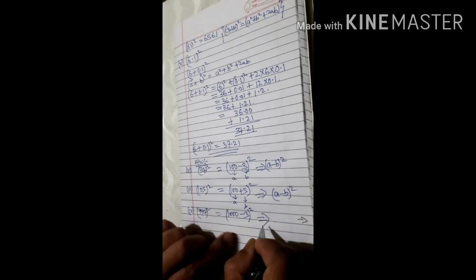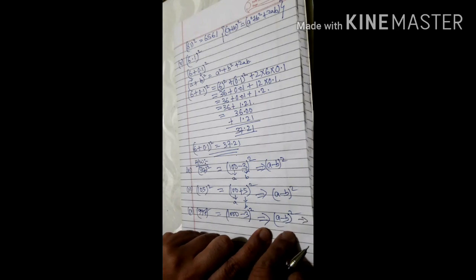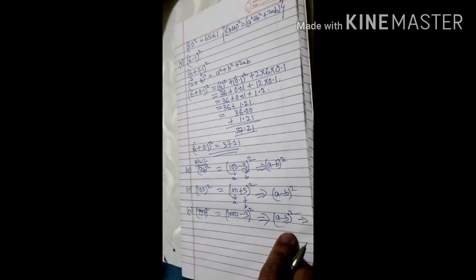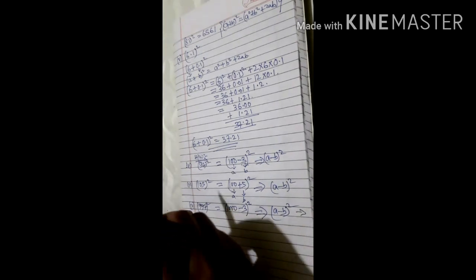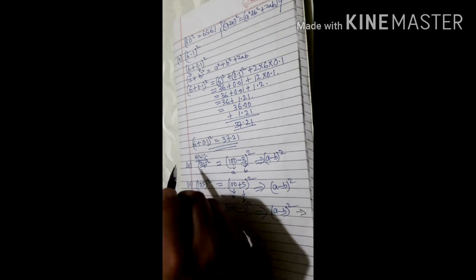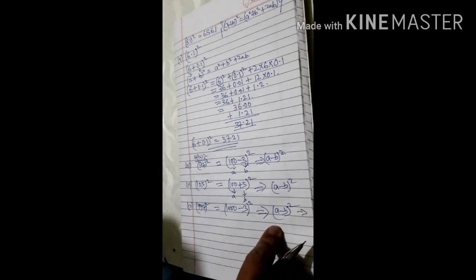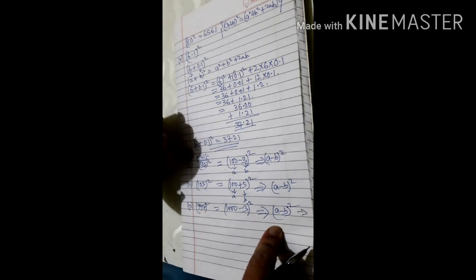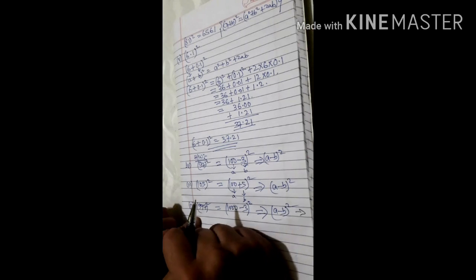So this is also in the form of A minus B whole square. So you use the standard identity of A minus B whole square, and that will give you the answer for 997. So question numbers 1 Roman 2, 1 Roman 3 and 1 Roman 4, these three questions will be your today's assignment for the application of standard identities. I have given you the hint. You can take the help of this and you can try to evaluate.